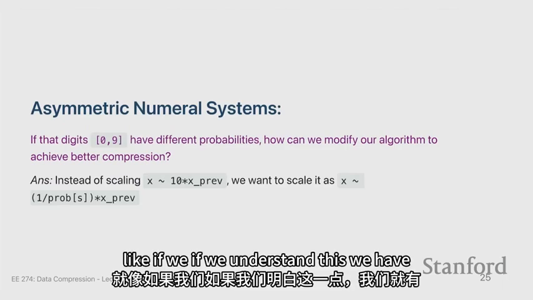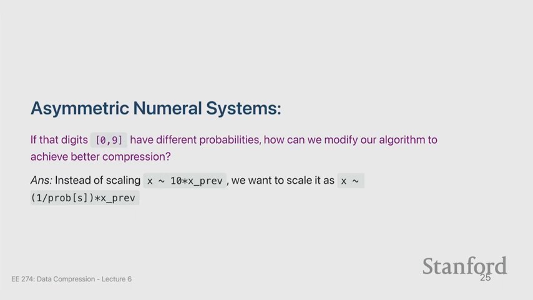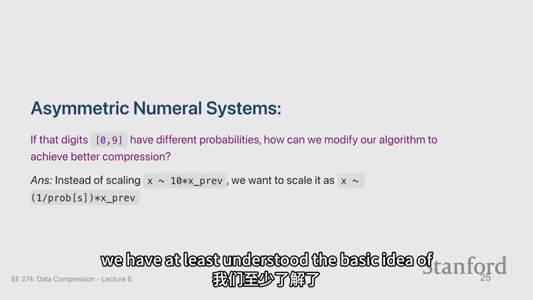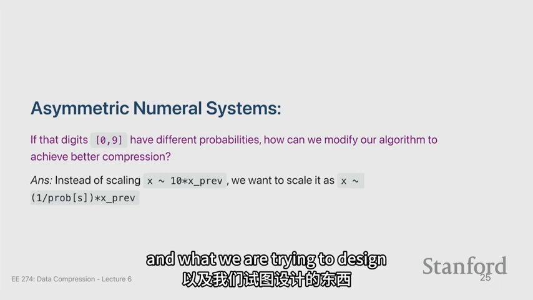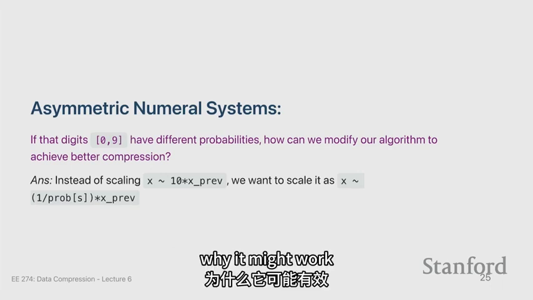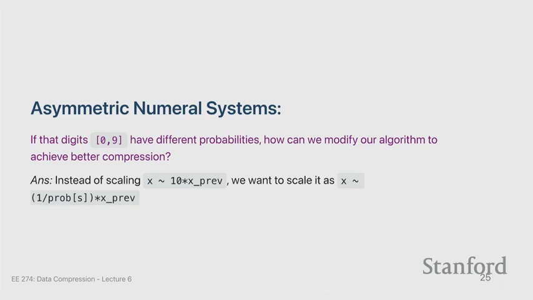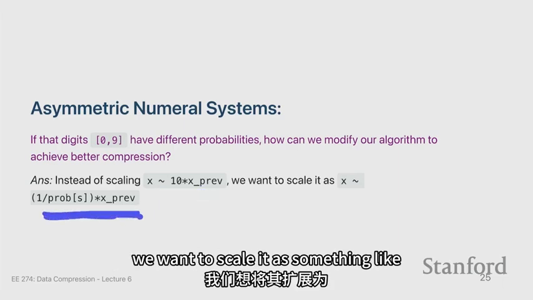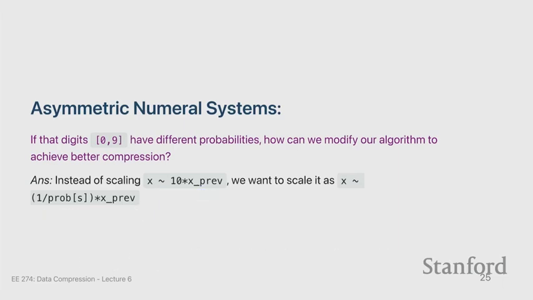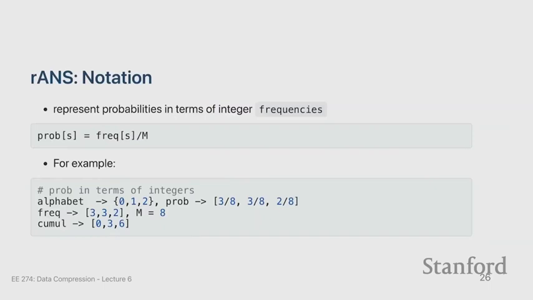If we understand this, we have at least understood the basic idea of the asymmetric numeral system and what we are trying to design, and why it might work. So again, instead of scaling x as 10 times x previous, we want to scale it as something like 1 over the probability of s at each step. Okay. Is everyone with me?